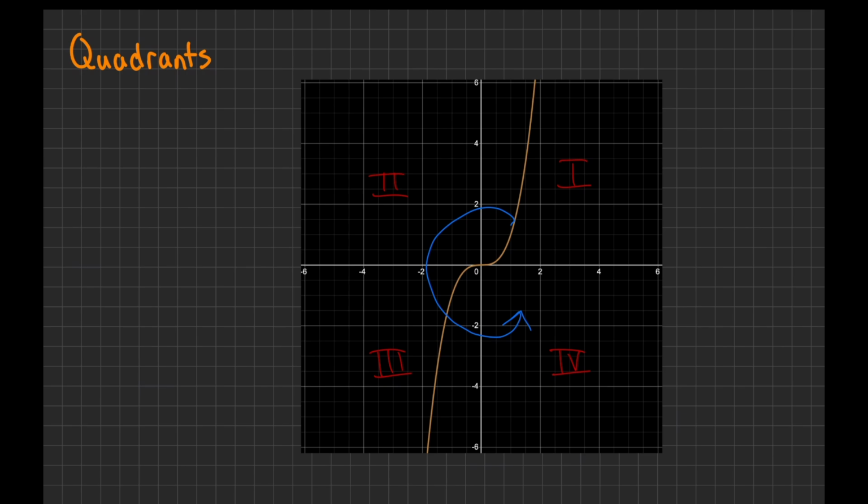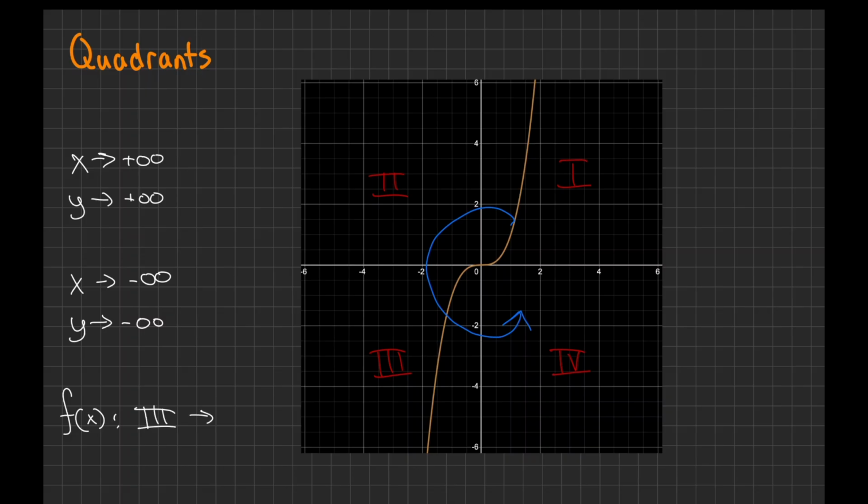And so when we want to express x tends to positive infinity and y extends to positive infinity, and when x tends to negative infinity, y extends to negative infinity, we can just summarize that by saying f(x) follows the behavior of the third quadrant to the first quadrant.